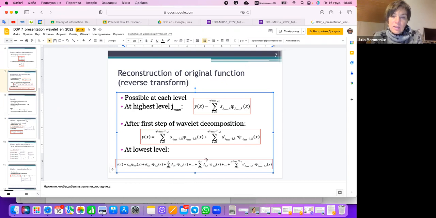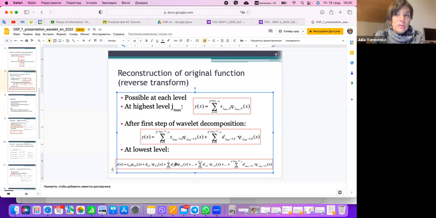And finally, if we didn't stop at any intermediate level and did our decomposition at the maximum possible number of levels, and came to the lowest level that is equal to 0, we also can restore the original function.